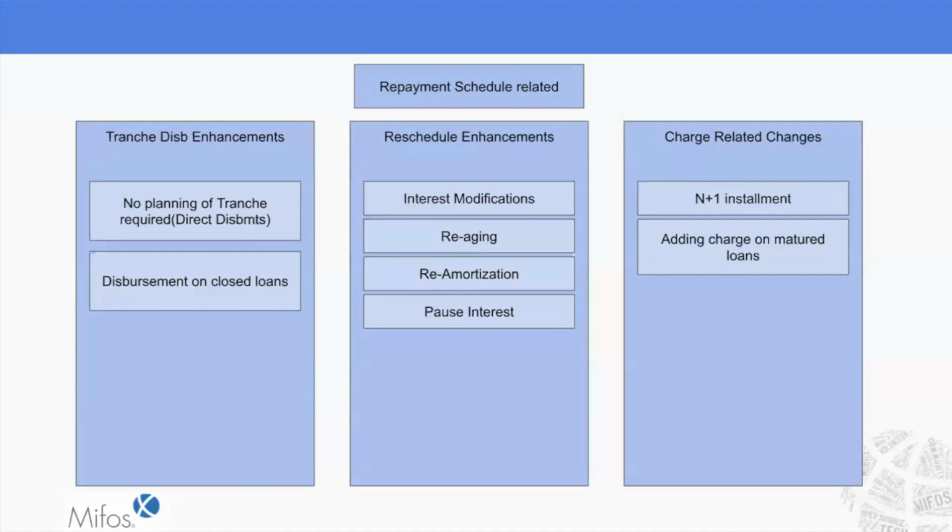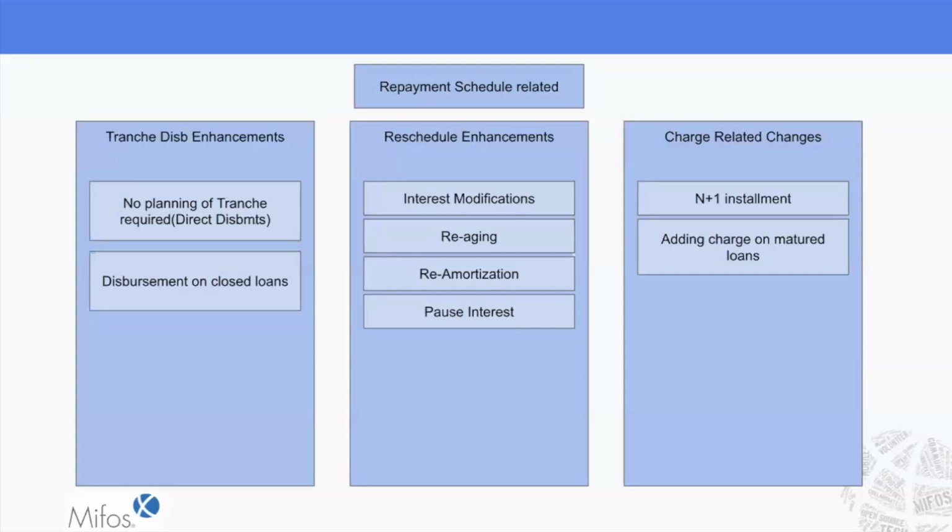Coming to re-aging and re-amortization, these two are very good features according to me, because they give flexibility to the user, especially those who are overdue or defaulted. It lets them configure their schedule and the EMI, and a new set of installments and a new EMI will be created for the defaulted loans as well.